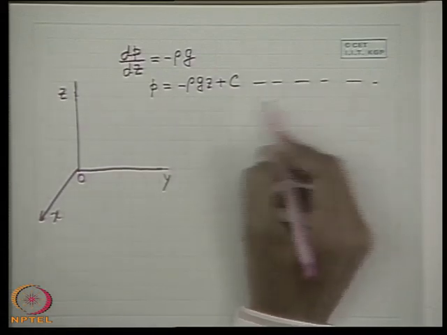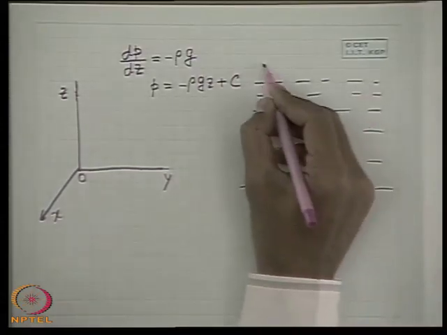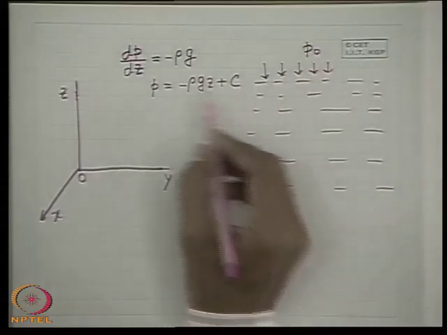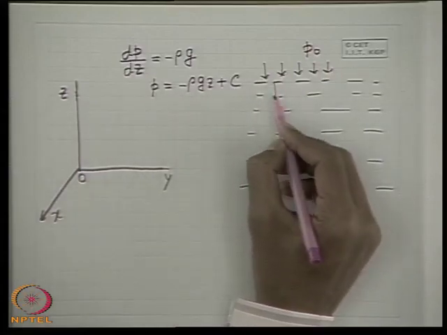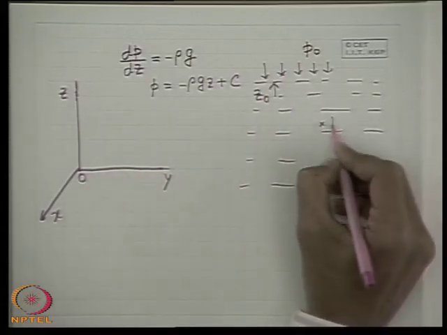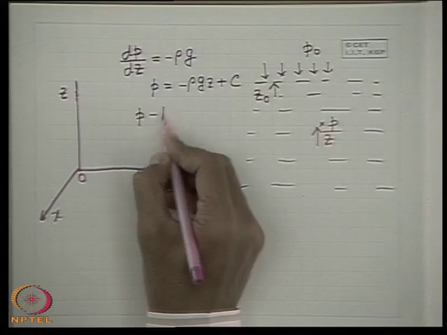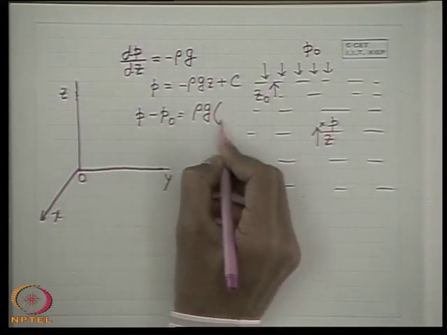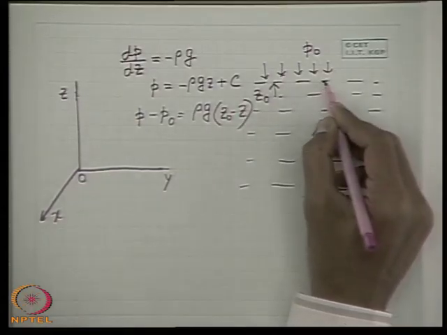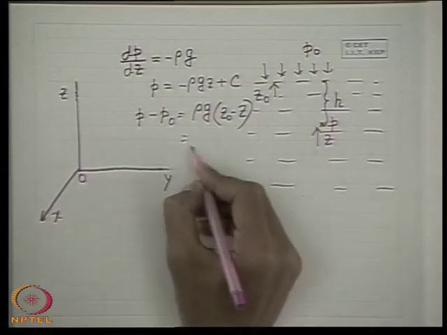If we have an expanse of fluid at rest with a free surface where the pressure impressed is the ambient pressure P0, then we can find the value of C. If we define the z coordinate of the free surface as z0, and at any point where we are finding the pressure P the z coordinate is z, then P minus P0 is simply rho g into z0 minus z. z0 minus z is simply the vertical depression of this point from the free surface. If we define it as h, it is simply rho g h.